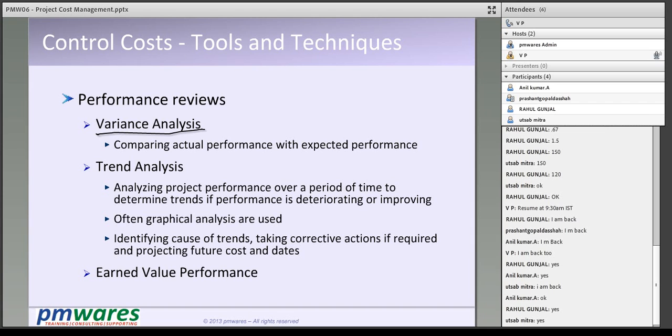Every time we are measuring EVM, we can create a trend and do a trend analysis also, of how we are performing on various parameters over a period of time.